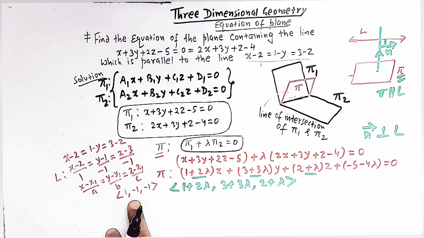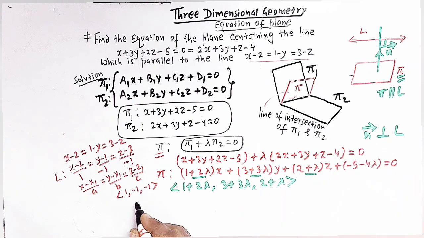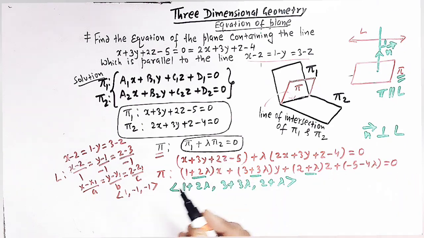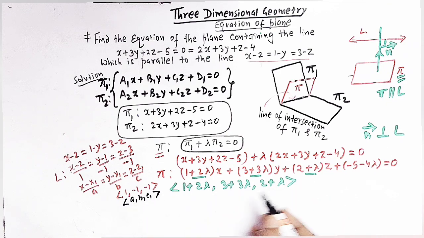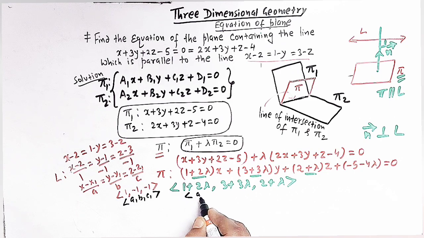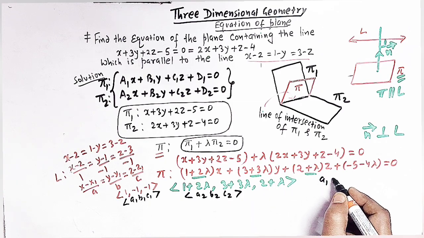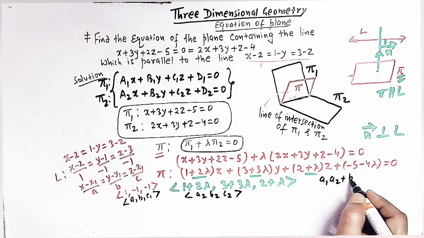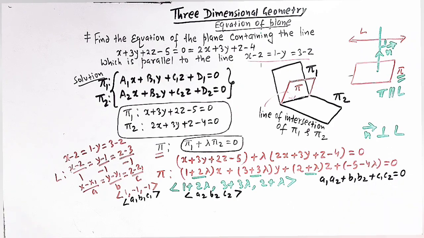So now applying the condition for perpendicularity of two vectors. If the direction ratios of the first vector are say a1, b1, c1, and the direction ratios of the second vector are a2, b2 and c2, then if the two vectors are perpendicular, we have this condition: a1 a2 plus b1 b2 plus c1 c2 is equal to 0.